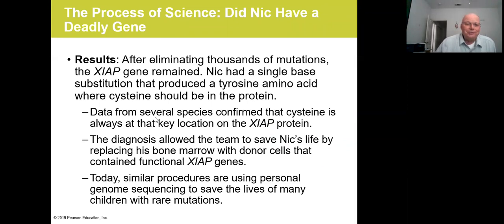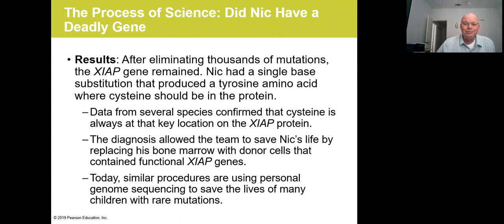What that allowed the doctors to do was then target his bone marrow using gene therapy and replace his bone marrow with donor cells from a donor that had fully functional XIAP genes. This is the alternative way of fixing the bone marrow.